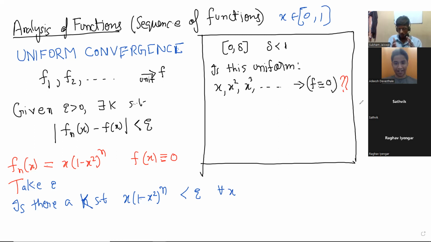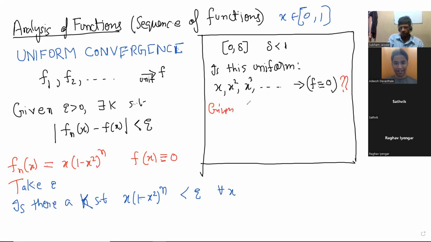So unpack the definition. If you're getting confused, just unpack it definition-wise and see. So this becomes x to the n less than epsilon. Let me write a little bit more.